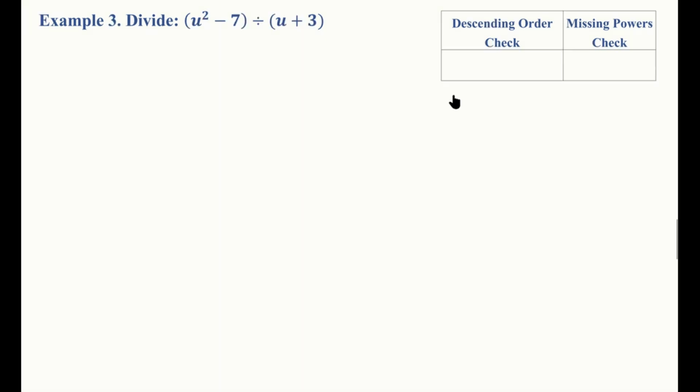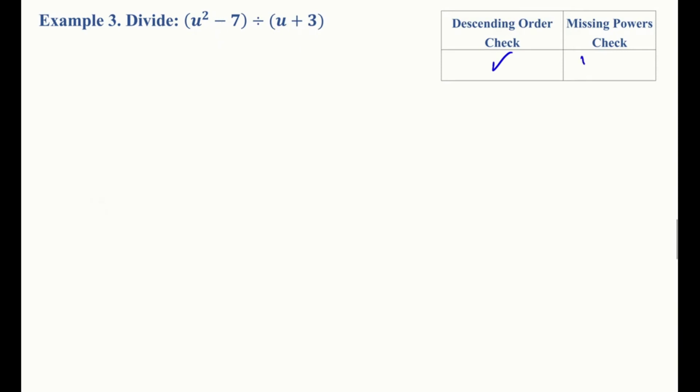All right, so in this one, notice that if we do a descending order check, they both pass. This one is going from a higher power to a lower power, so is this one. So they pass the descending order check. How about the missing powers check? Well, the divisor passes, right? There's no missing powers here. But the dividend is missing a term.